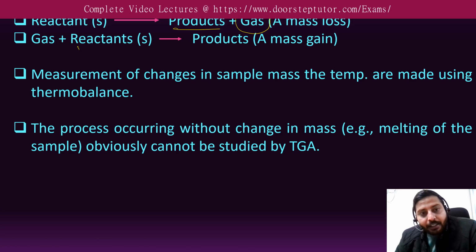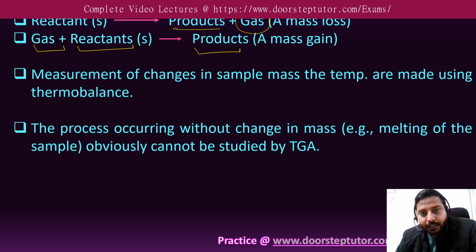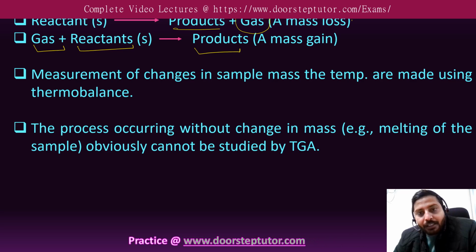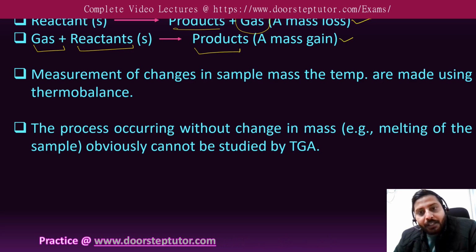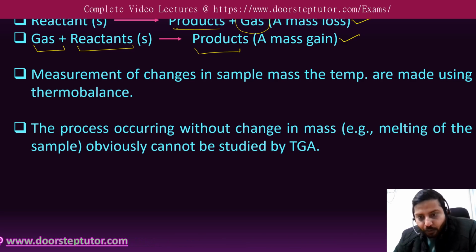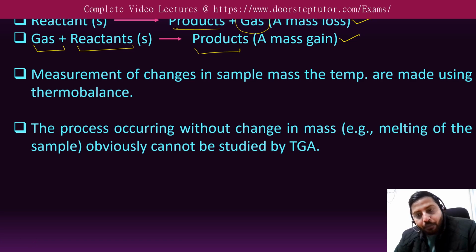If a reactant reacts with some gas, then the product that forms will have an increased mass. So there are reactions where mass is lost, and reactions where mass is gained. So we can determine how the reaction will proceed also: is it a gain-of-mass reaction or a loss-of-mass reaction?